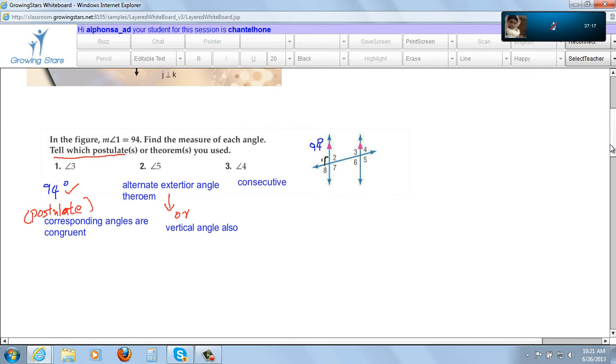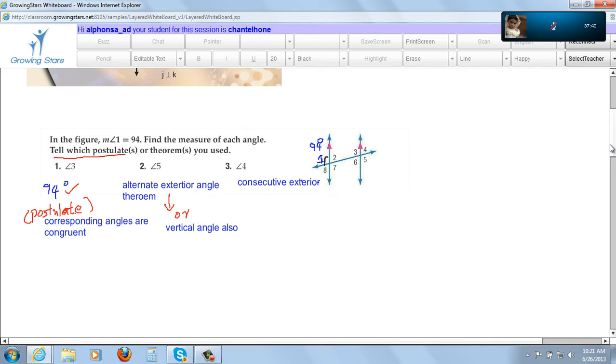Sorry, consecutive. Angle 4 and 1, actually we don't have such a pair, right? We only have consecutive interior or same side interior angles. Am I correct? So how do we express the outside?